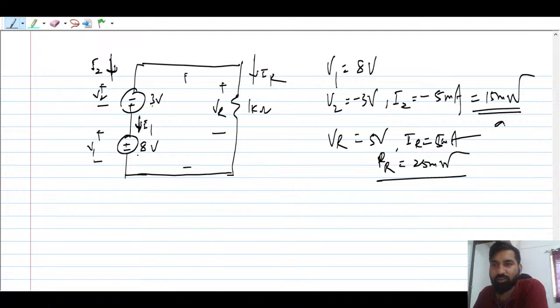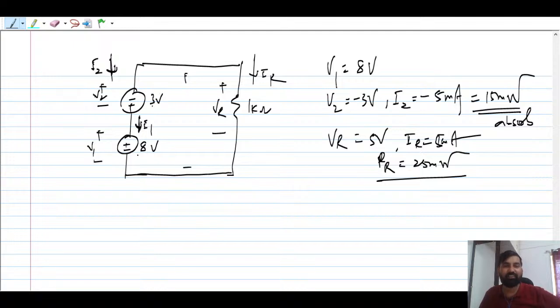Again, it is absorbing because it is positive. Because voltage is negative as well as current is negative, it belongs to the third quadrant.